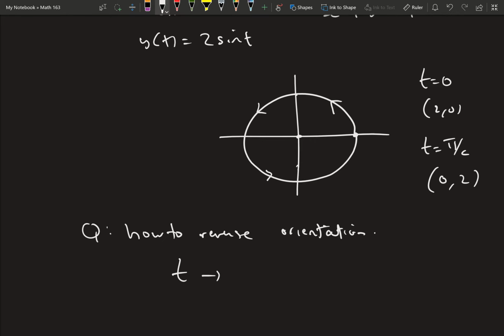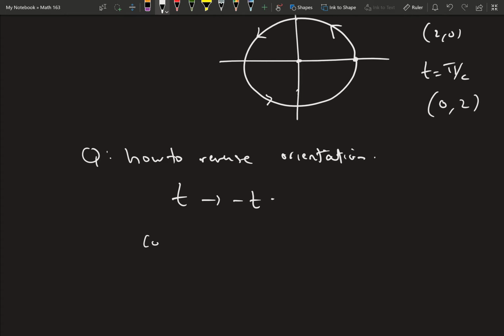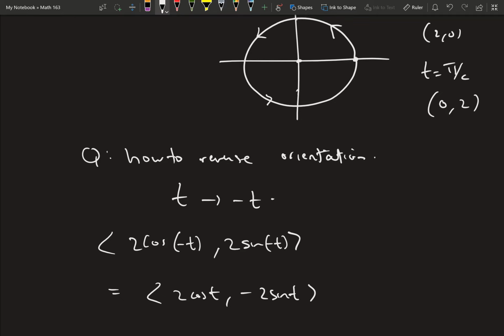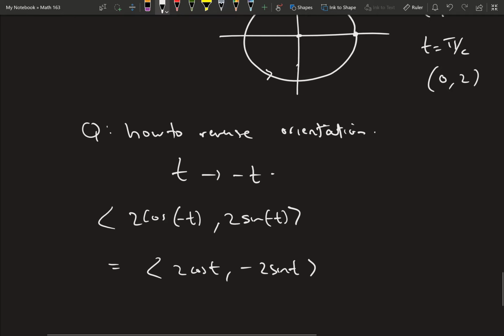But essentially, if you replace t with minus t, let's see what happens. You get 2 cosine of minus t, 2 sine of minus t, and we know by the properties of cosine and sine that this is actually just 2 cosine of t, because cosine is even, and negative 2 sine of t because sine is odd.